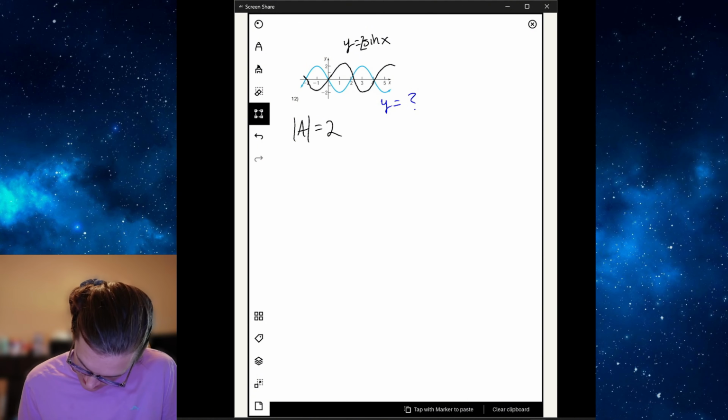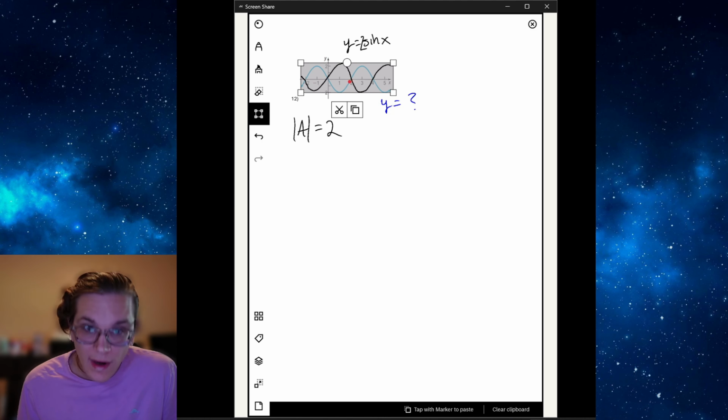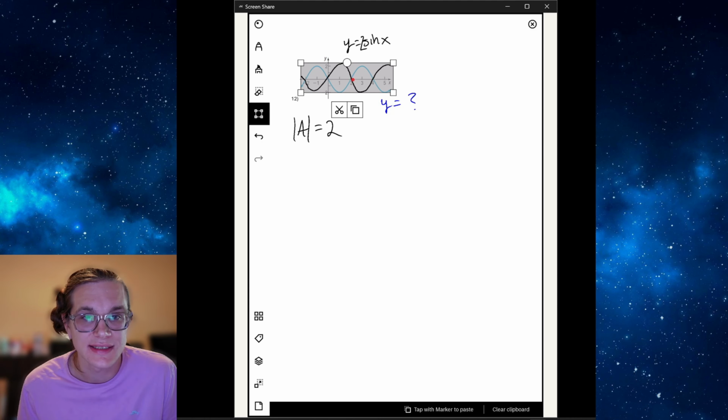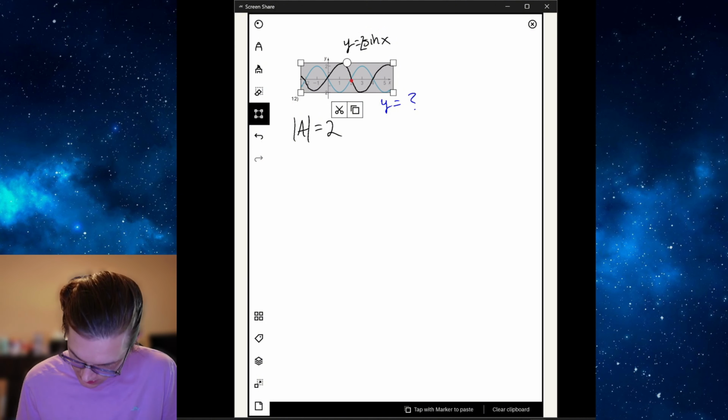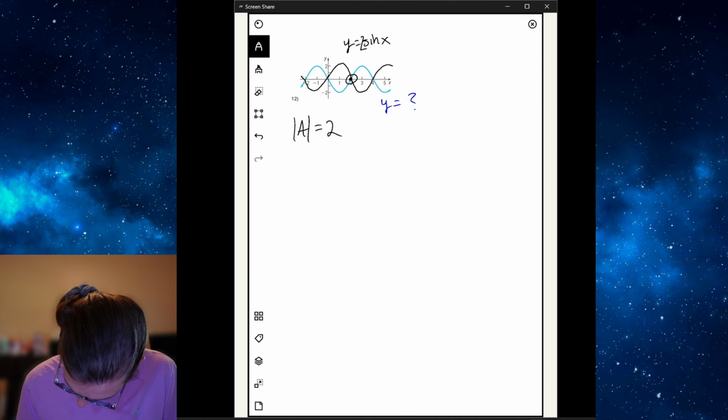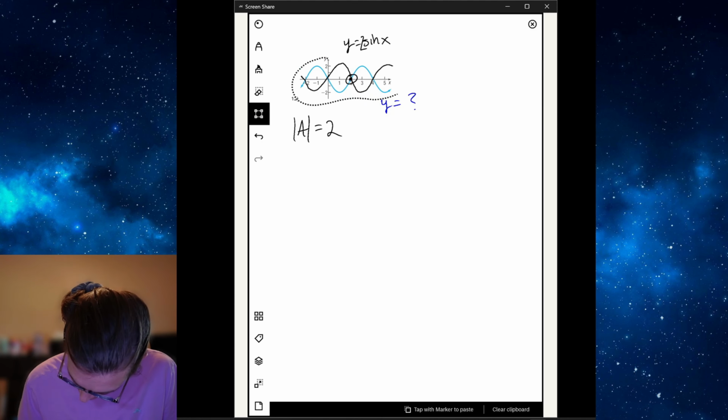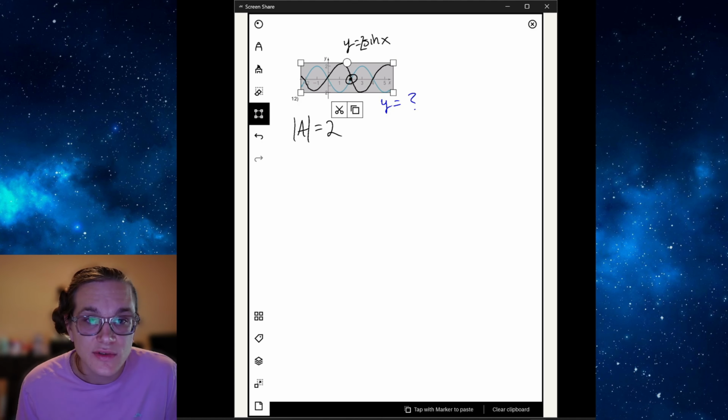If I shift it, let's say, to the left so that they overlap, how much did I move it? So this point right here, where it crosses the x-axis at x equals 2, or where it crosses the x-axis at x equals 0, we watch either of those and see how much it moved. So let's choose this spot. How much did it shift in the x when I move this?